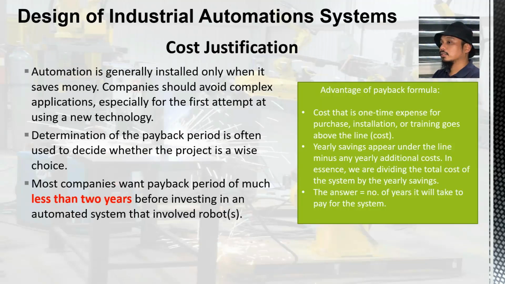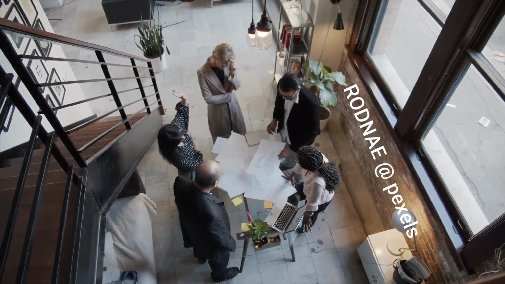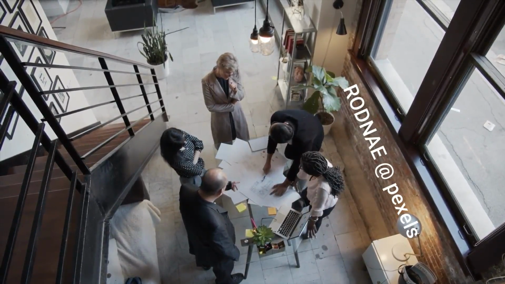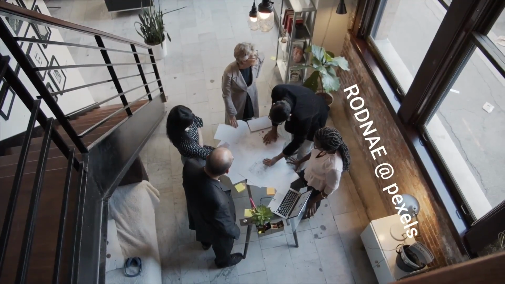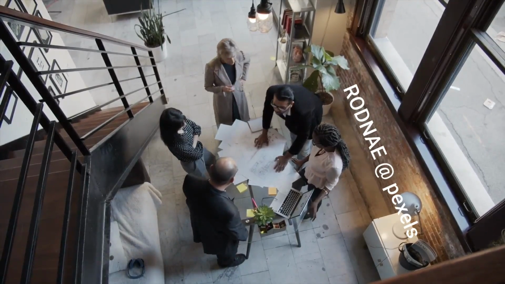The person that decides or proposes the project needs to calculate the payback period. Let's say the company needs about a 6 months payback period, but most companies try to make it as low as possible, less than 2 years to invest in automation systems, especially those involving robots, because robots are a bit expensive for a very small process.